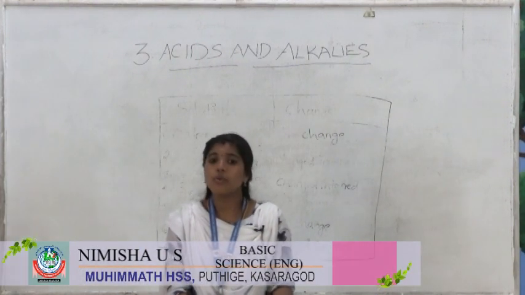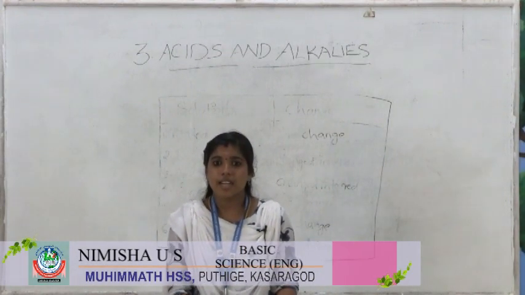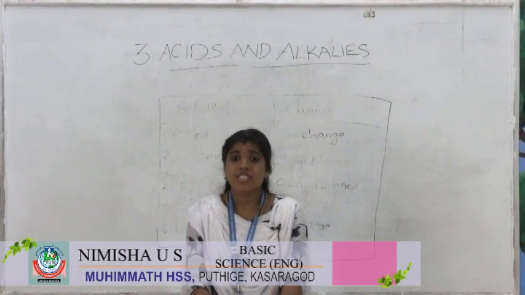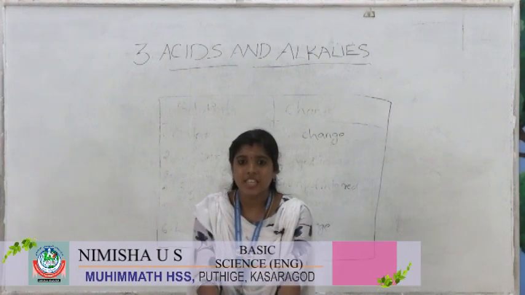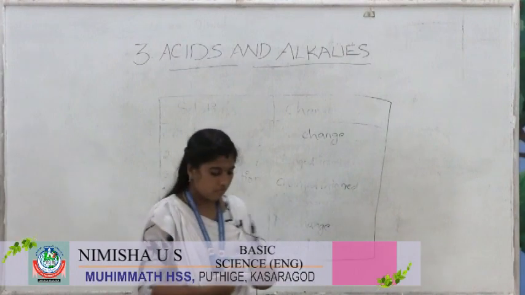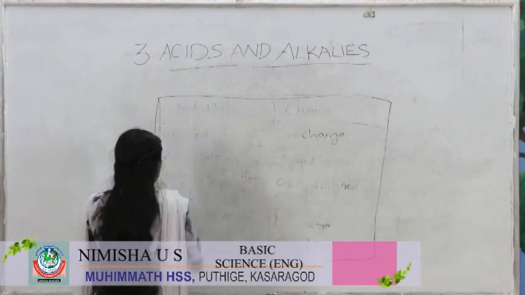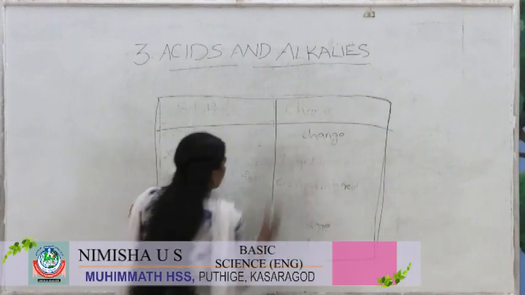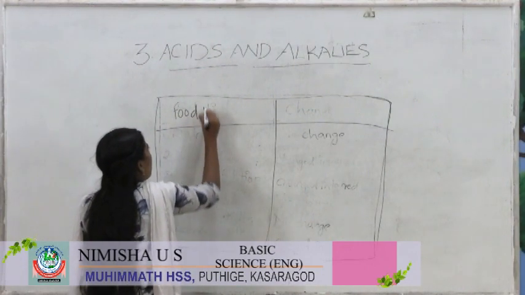Okay, now we have learned about the weak acids that are present in the food material. So, let's see what the acids present in food materials are. Let's make a table.